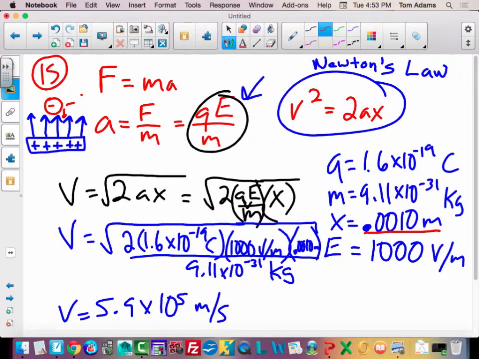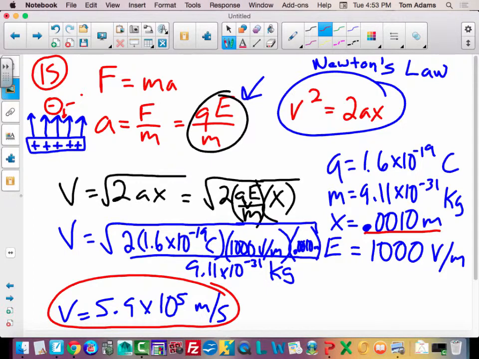0.0010 meters from rest, and the velocity it'll be at after that takes place is going to be this right here. So that's what we're trying to figure out. You might say that's counterintuitive because everything I taught you, we were talking about positive charges.